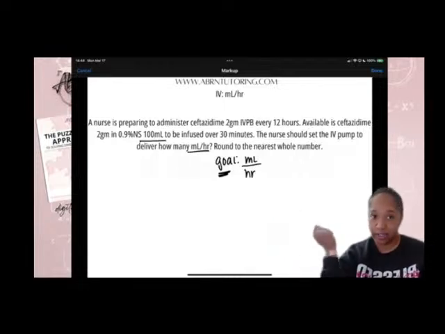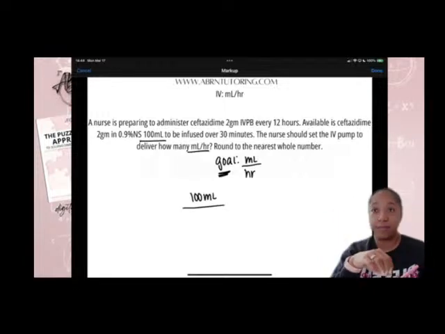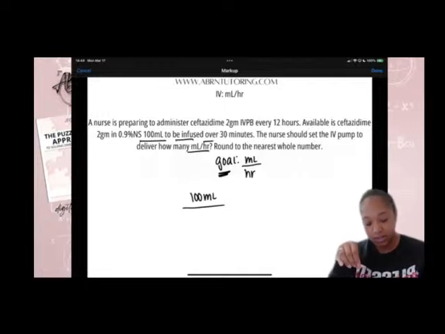100 milliliters. Okay? What is the time that it wants you to take to infuse that 100 milliliters? To be infused over 30 minutes. Okay? So we know that we don't need these grams because it's not asking anything about grams.